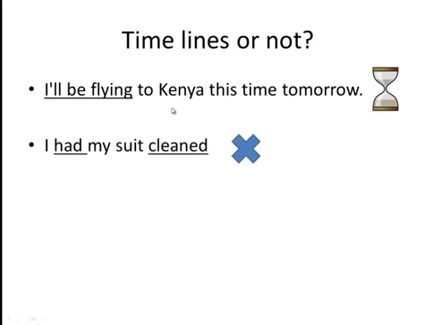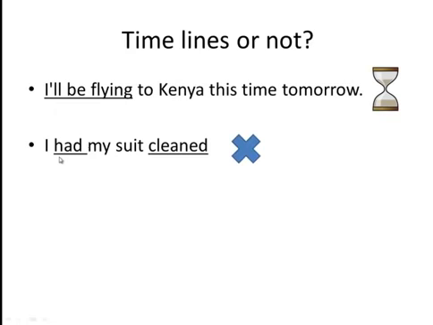The next one, however, isn't about time. So to have something done, which is what this is, I had my suit cleaned, I had my windows polished, I had my teeth crowned, whatever. To have something done doesn't have to be in the simple past tense.